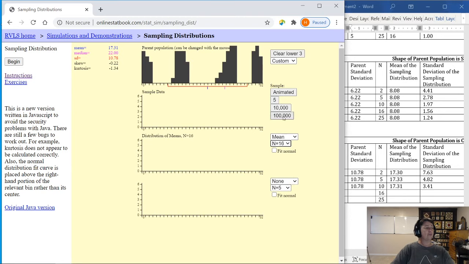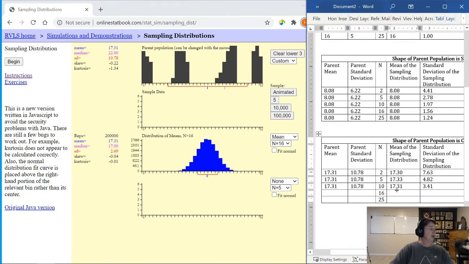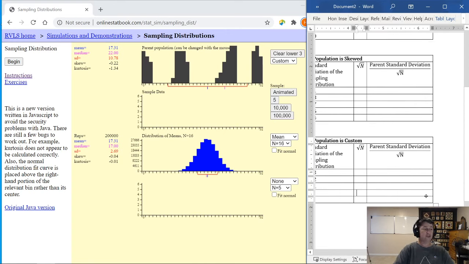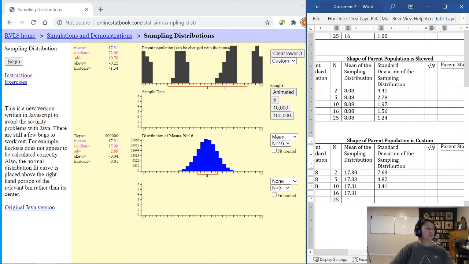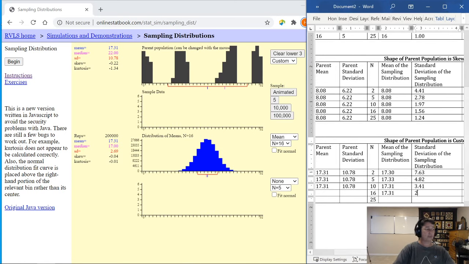A couple more times, I'm going to do that with a sample size of 16. Create a sampling distribution of those sample means. Just write down our data here. So our mean of that new sampling distribution is still 17.31, and our standard deviation is 2.69. The parent mean is 17.31, and that didn't change.